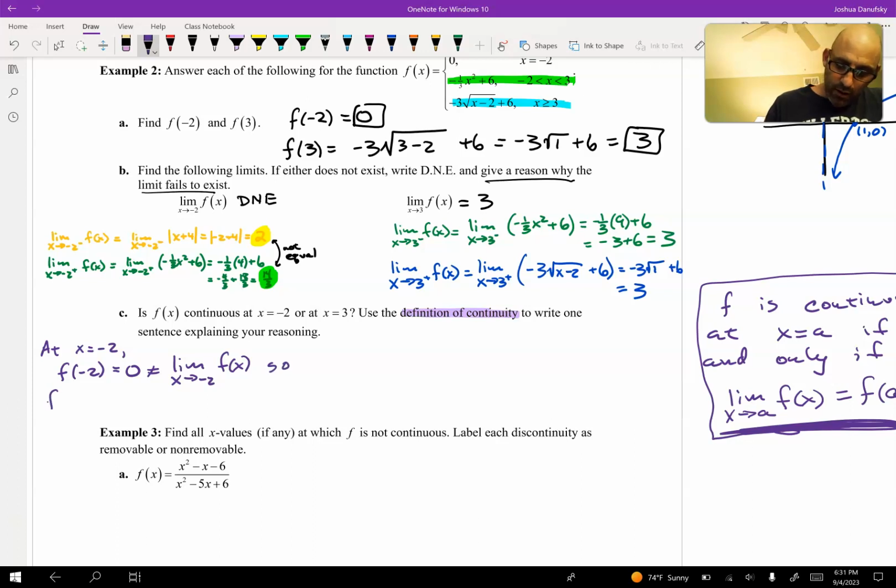So f is not continuous at x equals negative 2. So there's that one.